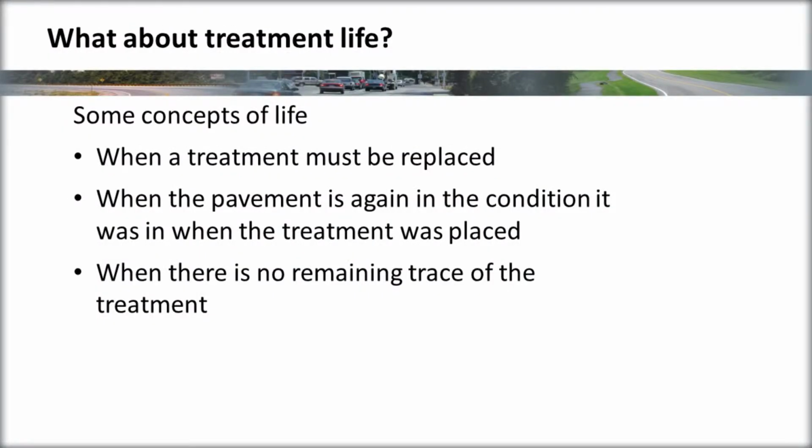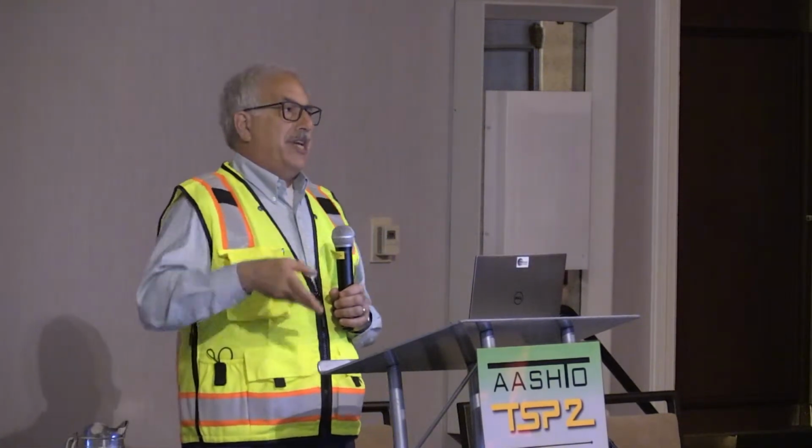Another way of looking at it is you place the treatment at a certain condition. When does the pavement reach that condition again? If you think back to a few slides ago, there was a graph of the initial master performance curve, and then at some point a treatment was placed. The pavement deteriorated until it reached that original condition, and then another treatment was placed.